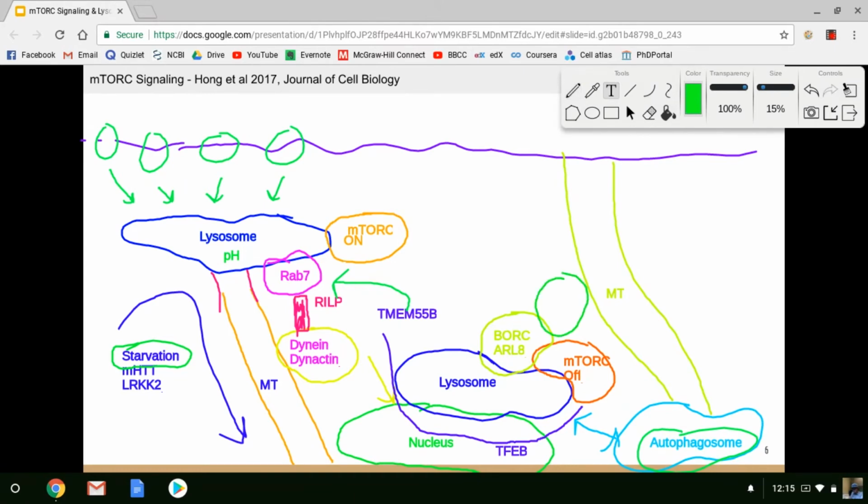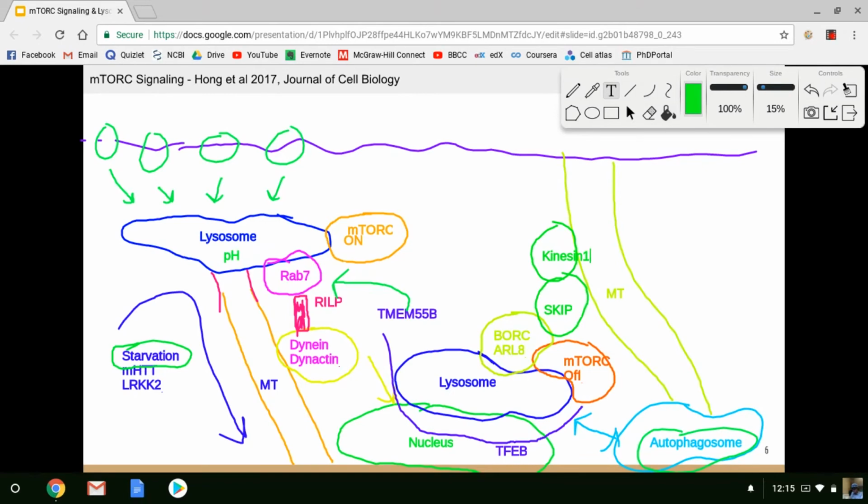SKIP, S-K-I-P. And SKIP is another adapter, kind of like RILP, but SKIP links up to kinesin.